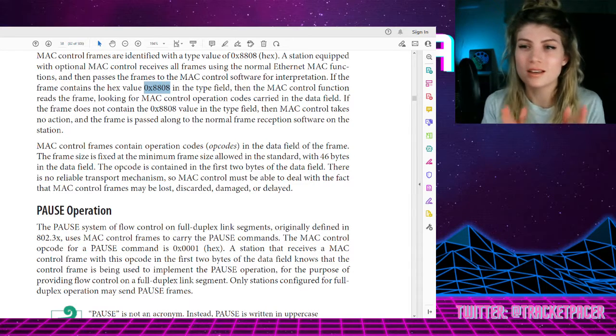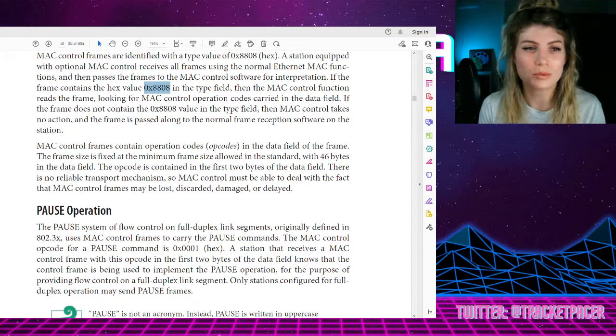Okay, so we're back at it. Let me just start back at this first paragraph. MAC control frames are identified with a type value of hex 8808. A station equipped with optional MAC control receives all frames using the normal Ethernet MAC functions and then passes the frames to the MAC control software for interpretation.